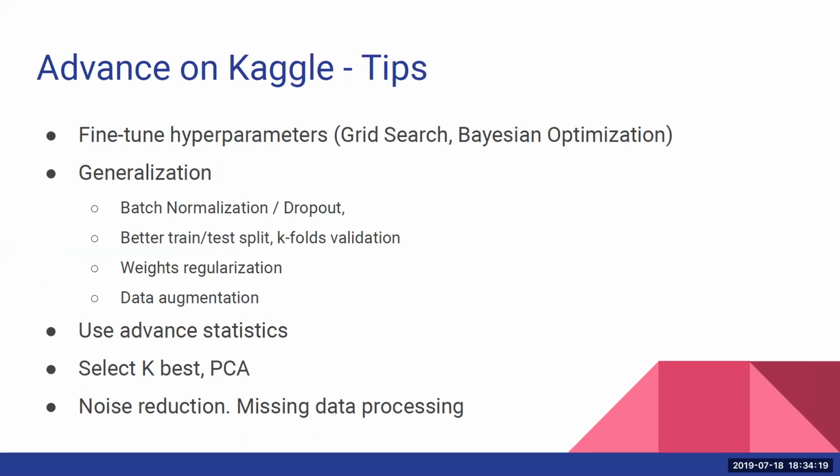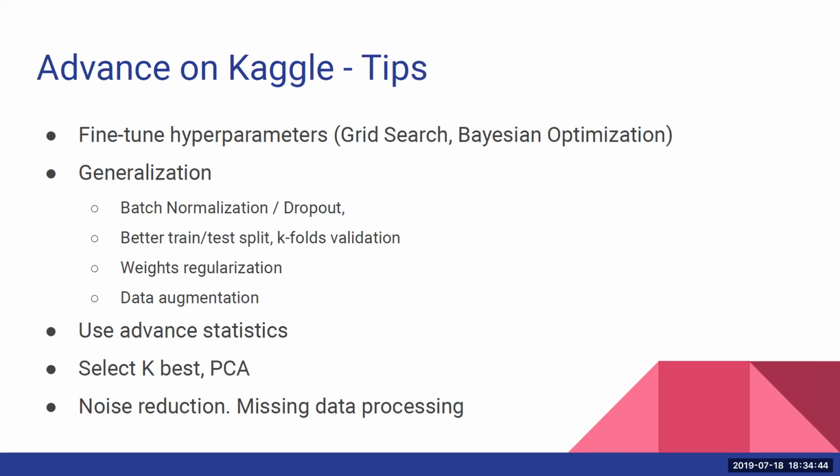So a couple of tips I have here. Some of them work, some of them do not always, but you can try. One of them is to fine-tune your hyperparameters. Once you get a fairly good model, you can try to fine-tune it to see if a slightly different variation will play a bit better, maybe.